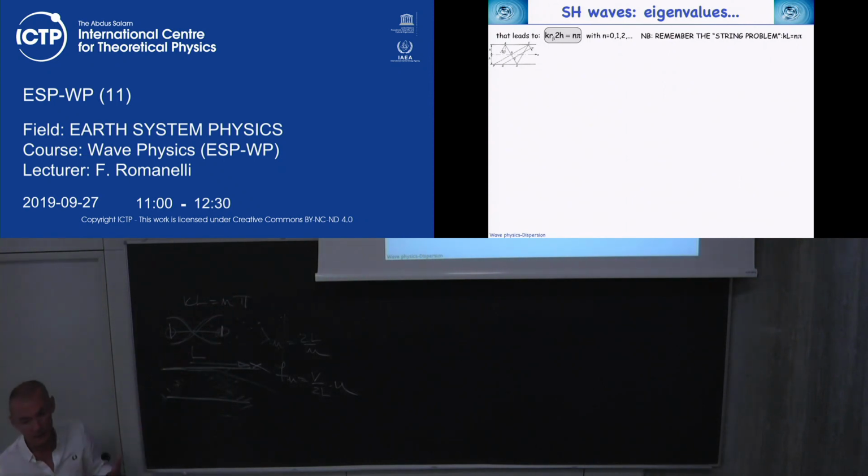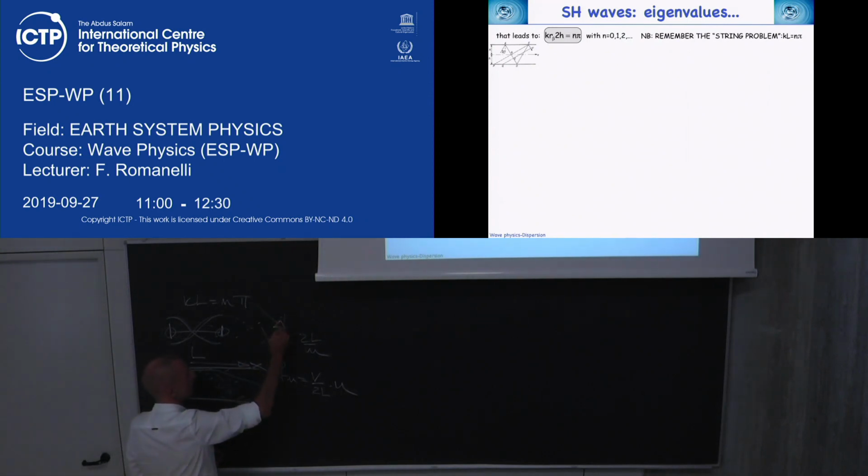Closed, okay, it's the same, but it's the sign. So actually, we found kL is equal to n pi, and this was giving this. That was valid in one dimension.